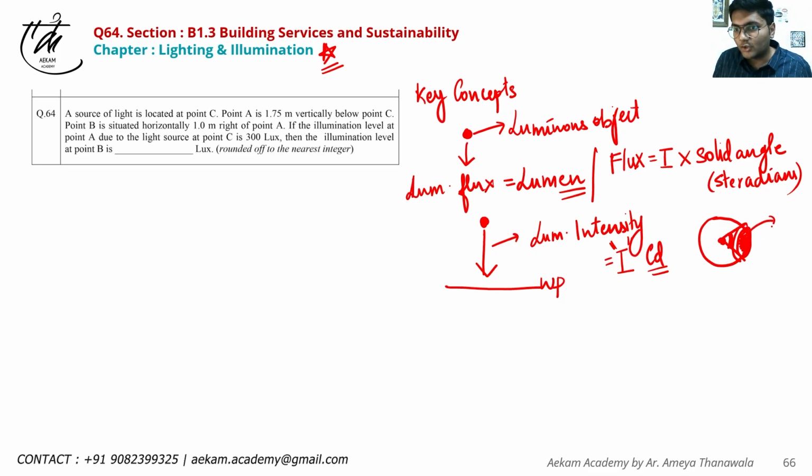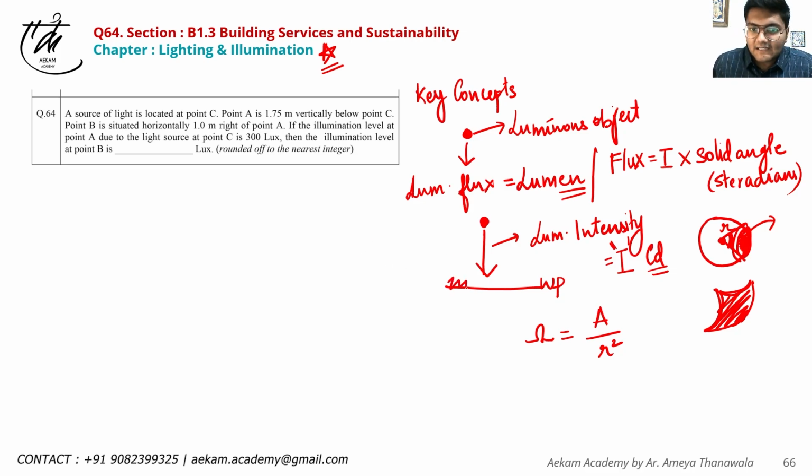So if you see in 3D, it would not be flat, it would be something like this. So your steradian angle, given by omega, is nothing but area upon r square. These are basics of lighting that I would like to discuss before going into the main property.